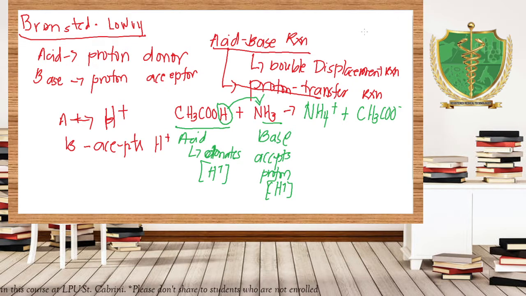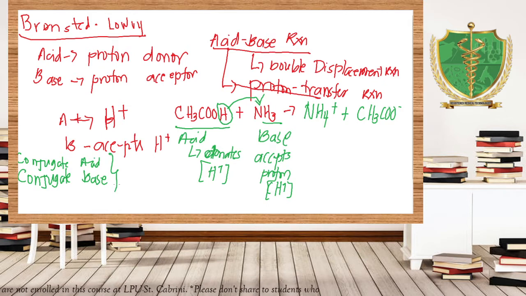According also to Bronsted and Lowry, we have what we call conjugate base and conjugate acid. Okay? These pairs are pair of molecules or ions that can be interconverted by the transfer of protons.